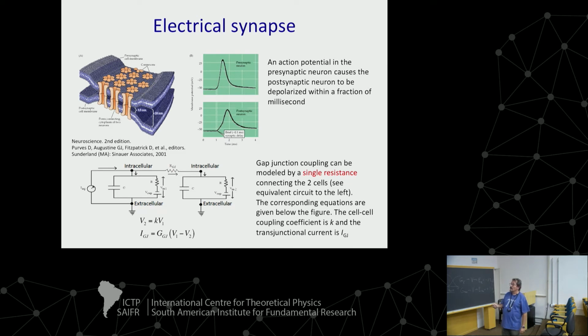The voltage of one of the cells is related to the voltage of the other cell via this simple equation here, and the current that flows along the gap junction is given by this equation here. So it depends on the difference between the two voltages. If the voltages of the two cells are the same, so they are isopotential, there's no current flowing. So they can be modeled by a single resistance connecting the two cells. It's very easy to model a gap junction.